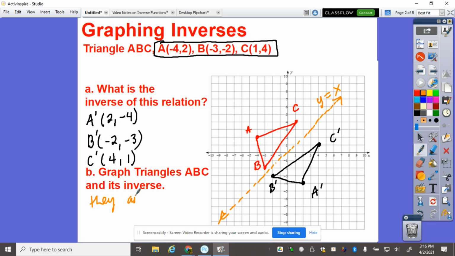They are symmetrical, or mirror images, with respect to y equals x. Okay, and all the inverses are symmetrical with respect to the identity function y equals x.